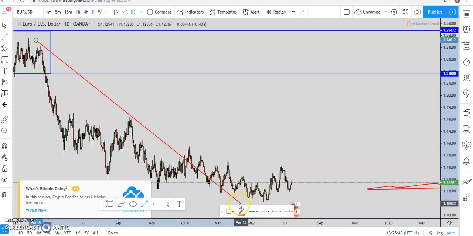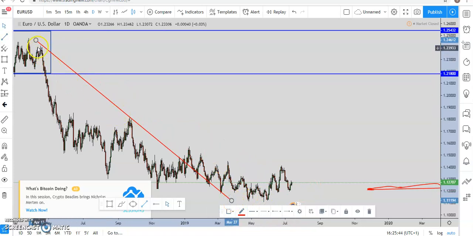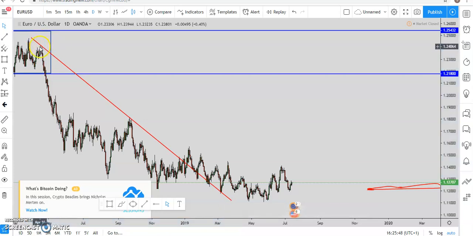Okay, so as you can see, I use this over here, this wick and then this one.